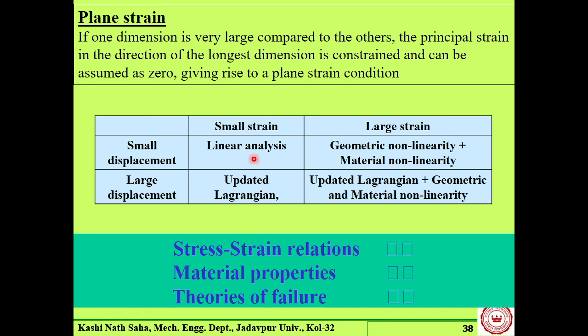But what are those ideas? That we have to see in the analysis of true stress and true strain relation. But for that we should first establish the stress strain relation, which we will be discussing next.